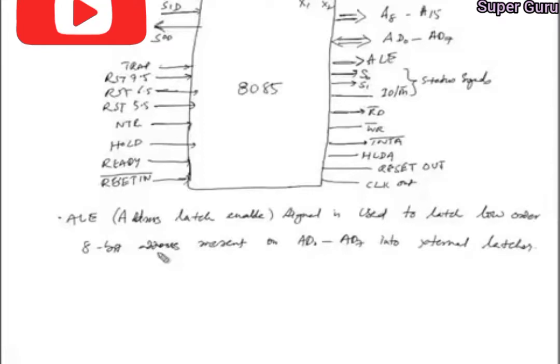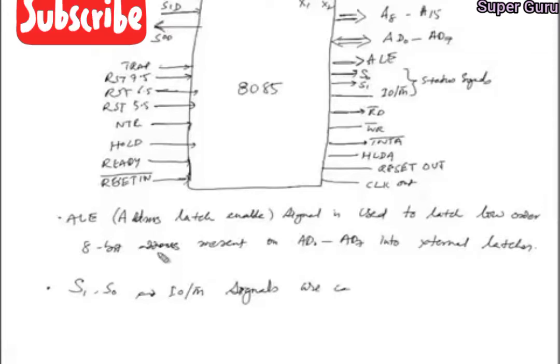Okay, then another important point here is S1, S0 and IO bar, M bar. These are called status signals.